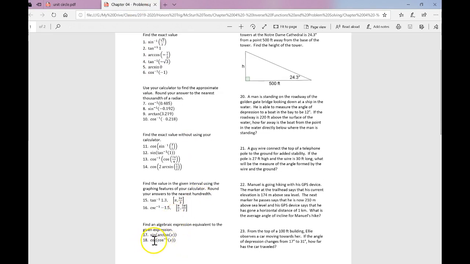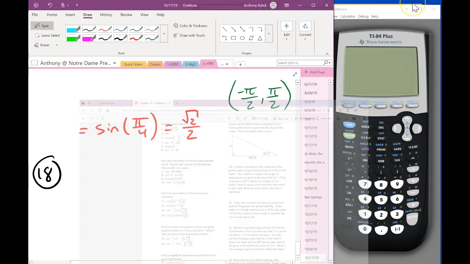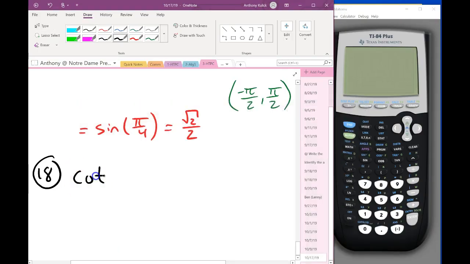All right, so cotangent of cosine inverse of x. I'm going to start with the inside, and I want to start by thinking about x as a ratio. So I'm going to think about it as x over 1.